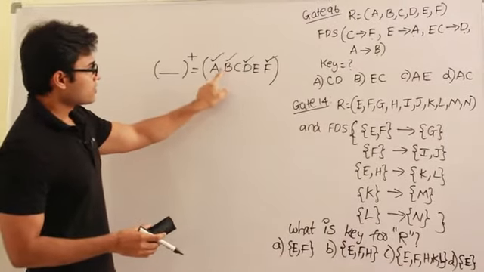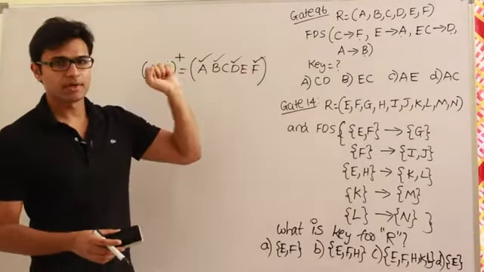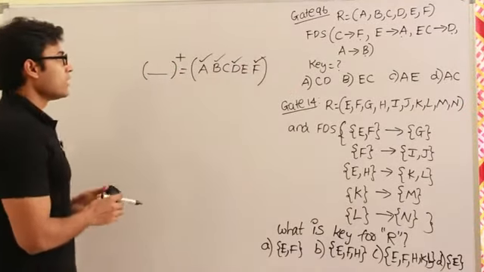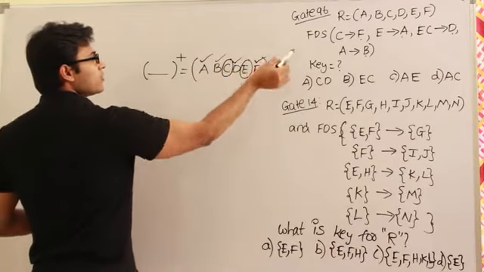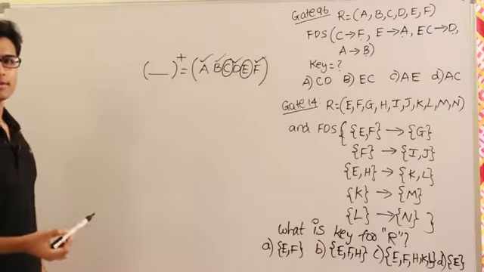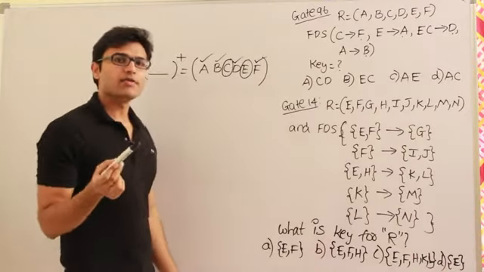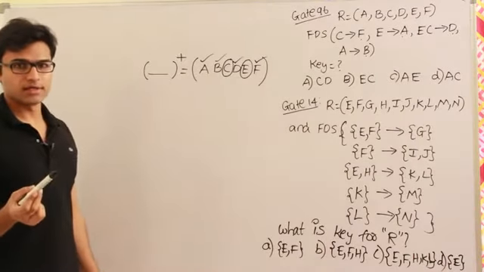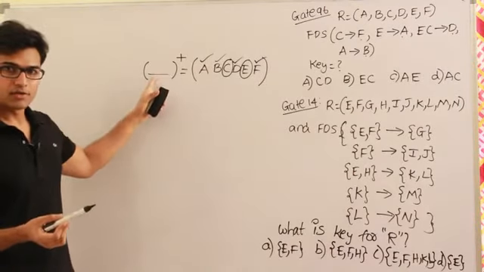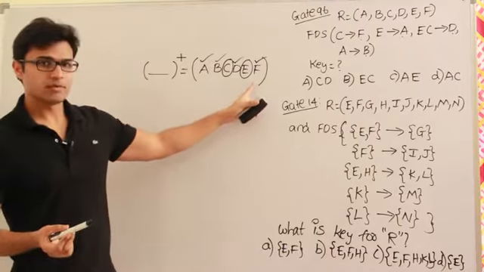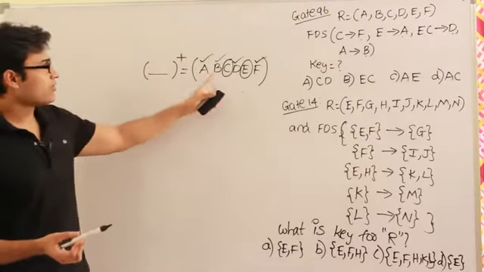A, B, D, F. Somehow you can get these attributes from the right hand side of the functional dependencies. But there is no way you could ever get C and E from the functional dependencies. No other attribute is going to determine C and E, right? So the only way you could get C and E is from the left side itself. If you want to cover all the attributes, you should definitely have C and E here. Without C and E here, you could never cover C and E.